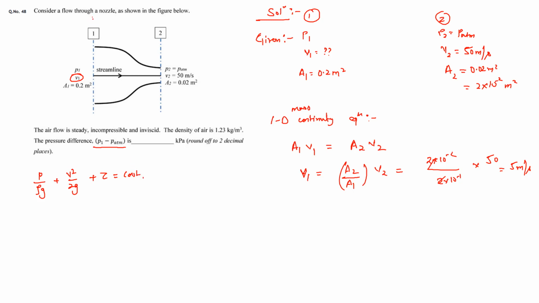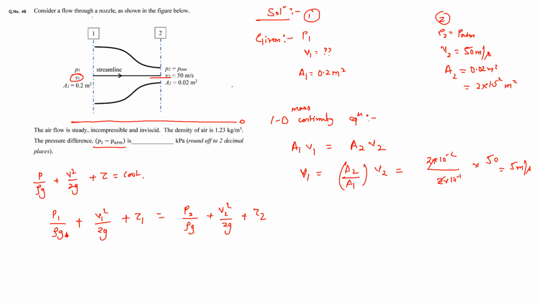So we can take these two junctions and say that P1 over rho g plus V1 square over 2g plus Z1 is equal to P2 over rho g plus V2 square over 2g plus Z2. And now we can see that both of these junctions, if we apply this along the streamline, are at the same Z location from, let's say, some reference datum.